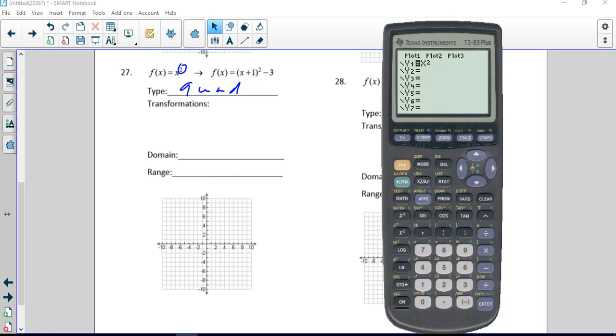And then I'm going to go down to Y2 and do, in parentheses, left parentheses, x plus 1, parentheses, squared. And then put minus 3. And then hit graph.